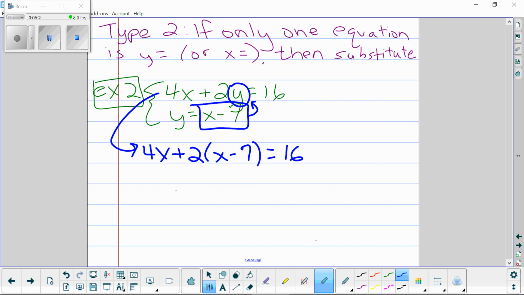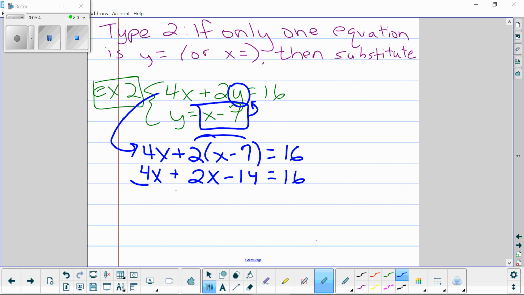And then from here, you're just following your solving equations rules. The next step is to use the distributive property. This becomes 2x minus 14. I bring down the 4x, and I bring down the equals 16.